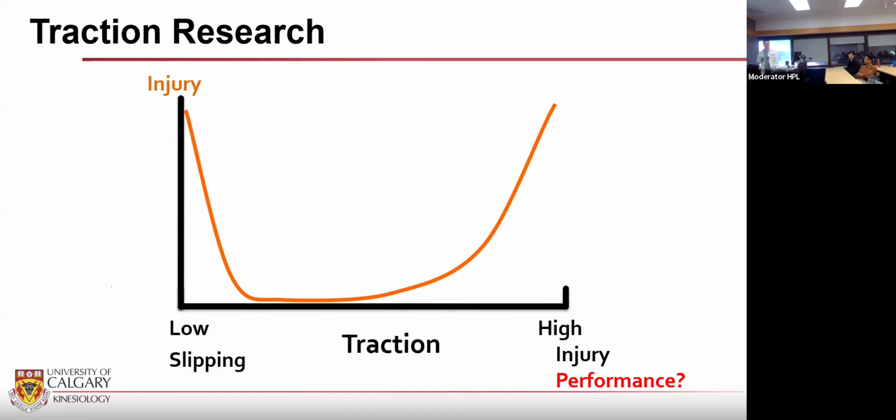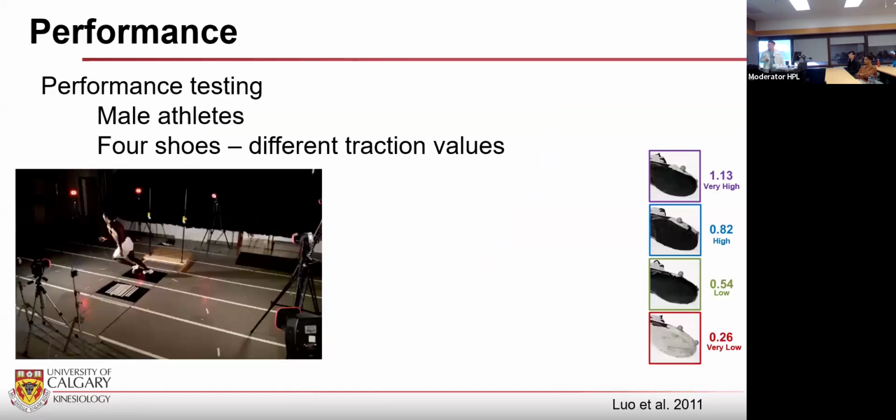However, there's another aspect that we need to consider when talking about traction, and that is performance. If you talk to any player or coach, they're going to tell you that in regards to traction, they want as much traction as possible because they want to maximize their performance. A study by Gung Liu and Darren's definition in 2011 aimed to test that statement.